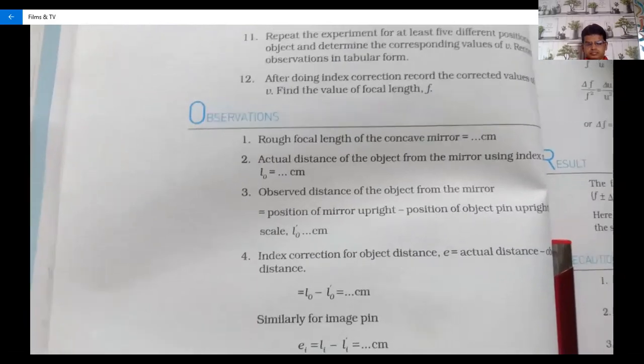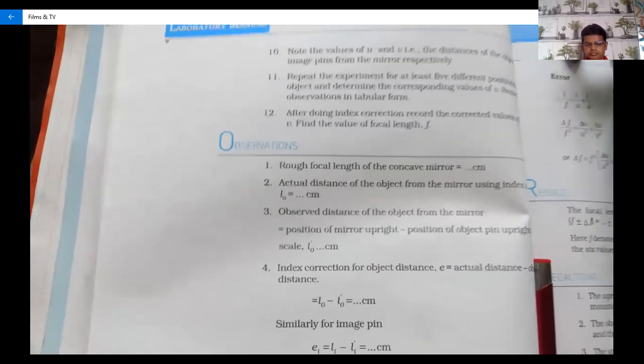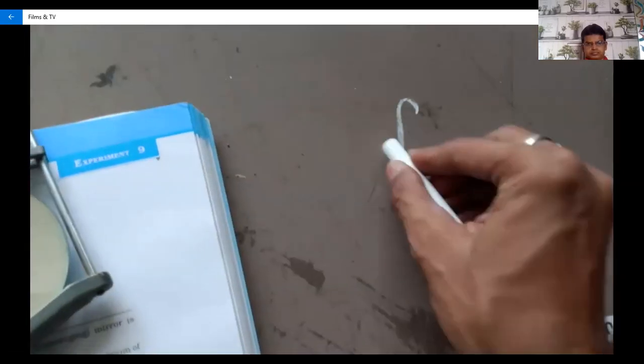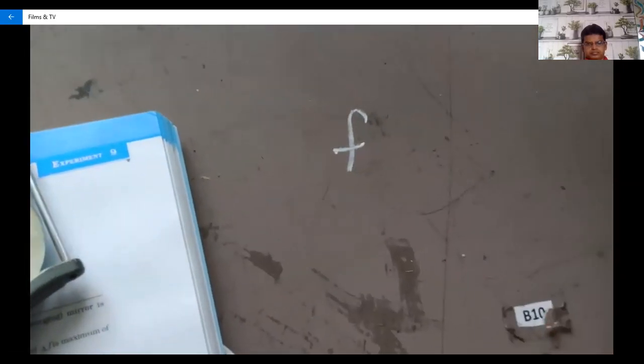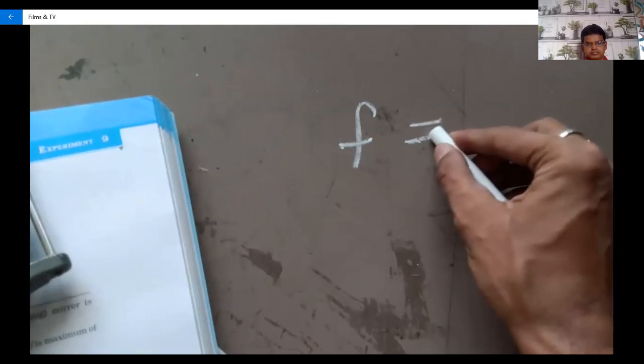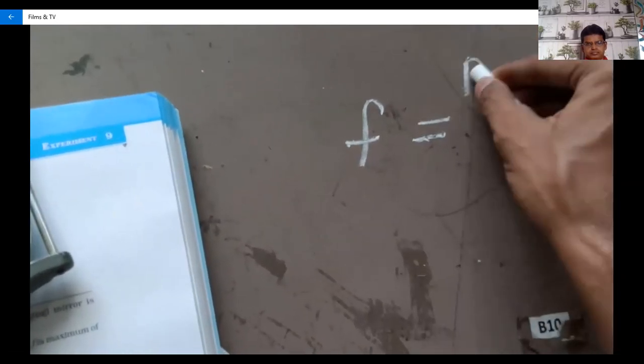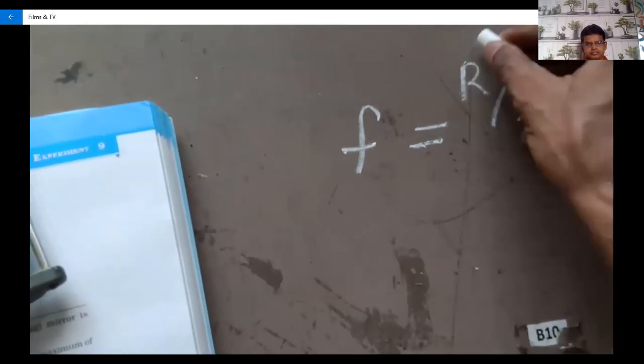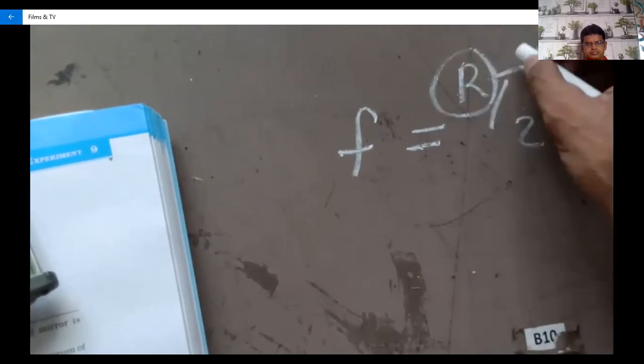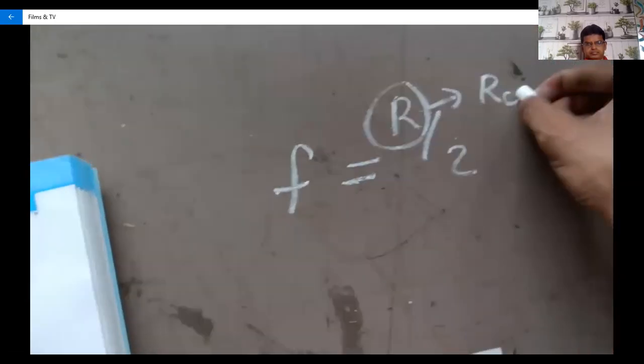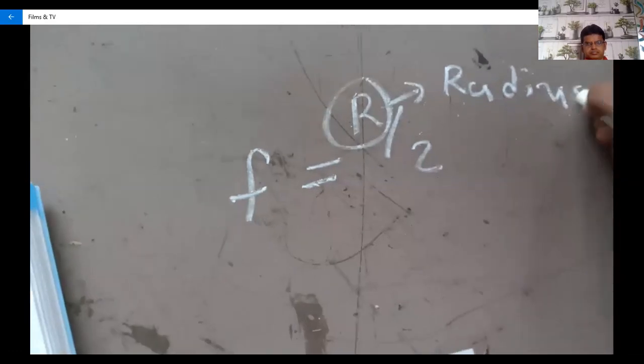Before starting the practical, we want the values of the observations. First we want the value of the focal length, the symbol of small f. How is it possible? It is given by the equation f = R by 2. So what is R? R is the radius of curvature.